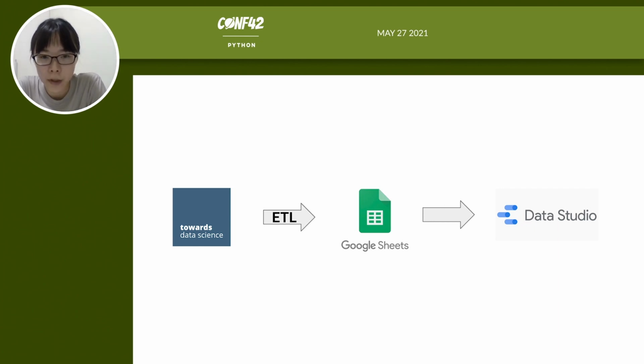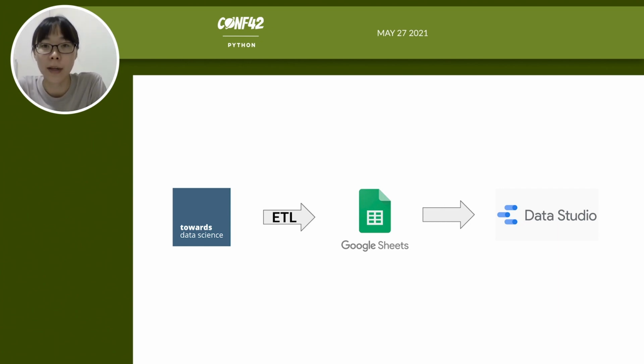Sometimes we want to do our own side projects, just to practice. There are some constraints, for example, limited budget, where we might not be able to afford a data warehouse or storage space. So I think a good starting point is to make use of Google Sheets.